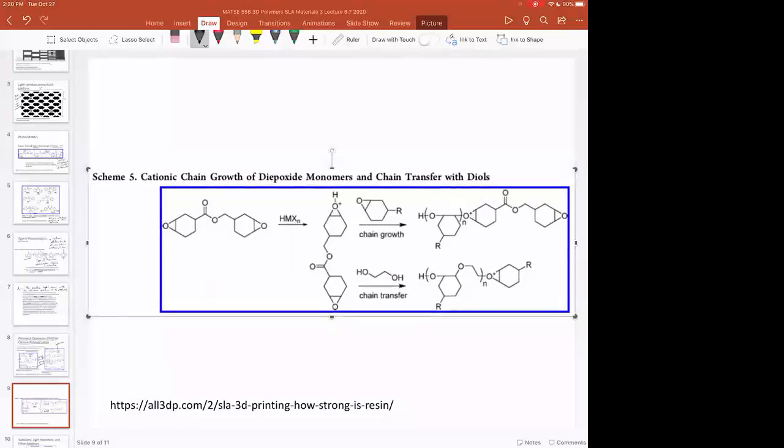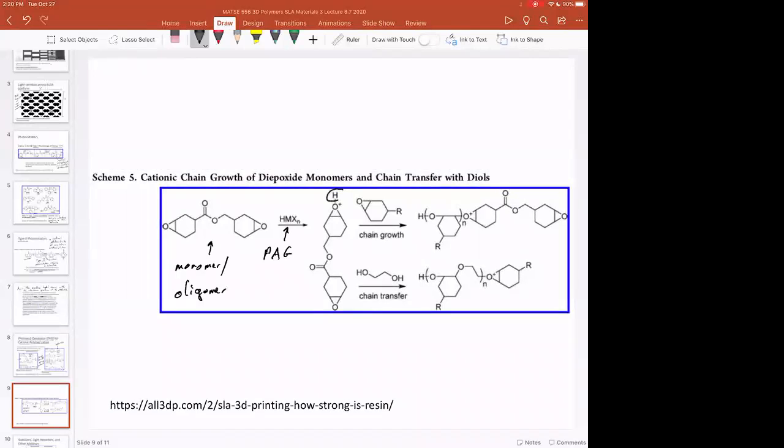And from a photoacid, you get a proton right here. And that proton is what causes this cationic ring opening polymerization. And that's what gives you your polymer. Either through chain growth with another epoxide monomer, or through chain transfer with this diol here. And that's in the weeds of the polymer chemistry.